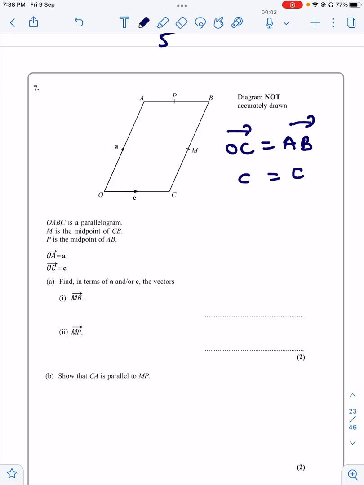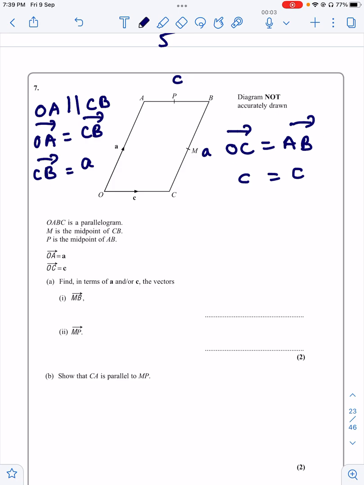And since it is a parallelogram, CB is also parallel to OA. So if OA is parallel to CB, OA is also equal to CB, and I get CB also as a. So I can write here, this is c and this is a. Remember, this is the parallelogram law. We will be using this law in further sums in the second part of this video.